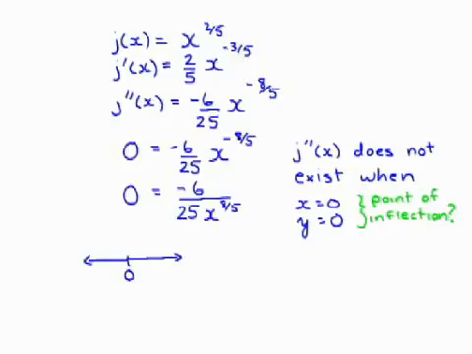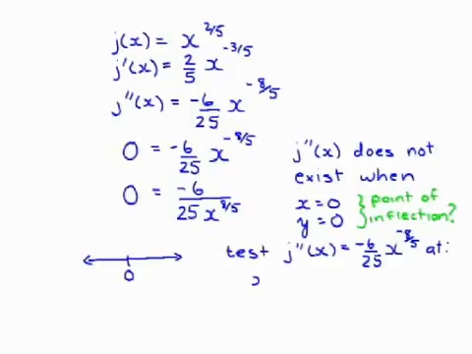So I put down my number line, place the 0 on the number line, and then I have to test j double prime x, which is equal to negative 6/25 x raised to the negative 8/5, and I'm going to check it at an x value of negative 1 and an x value of positive 1. Those are values on either side of x equals 0.